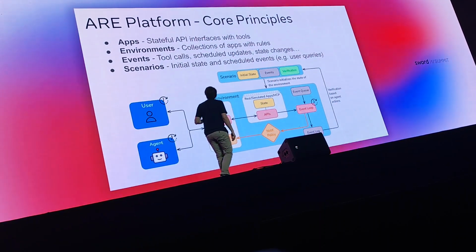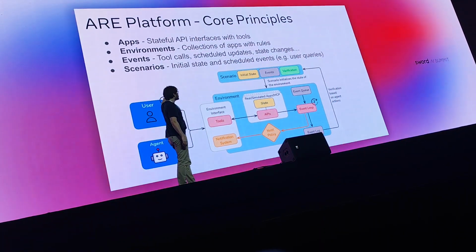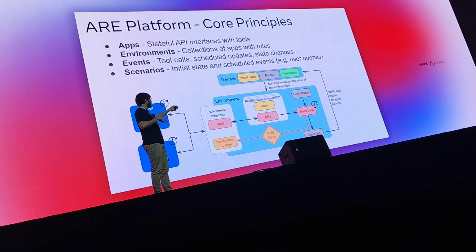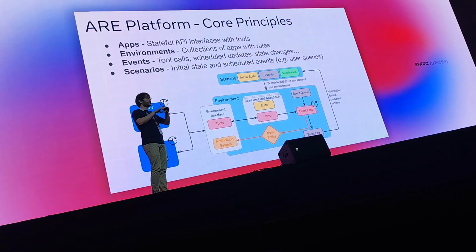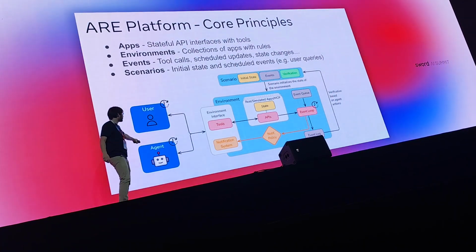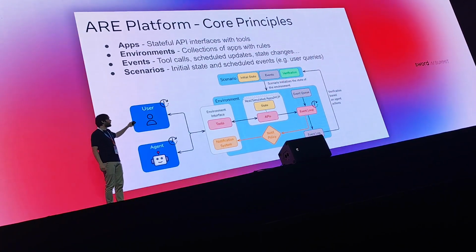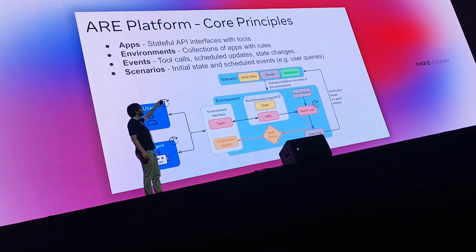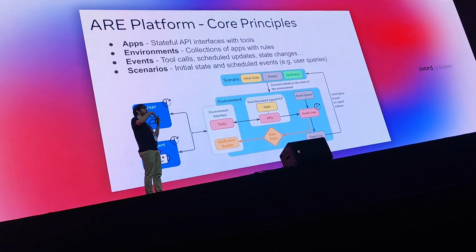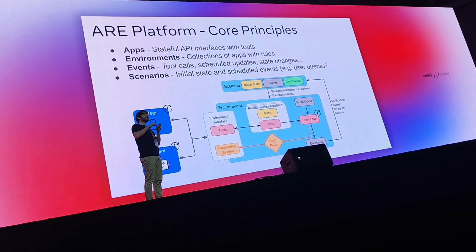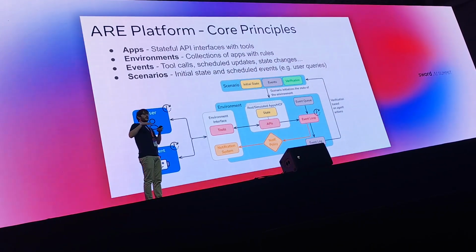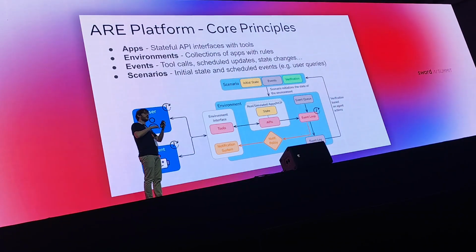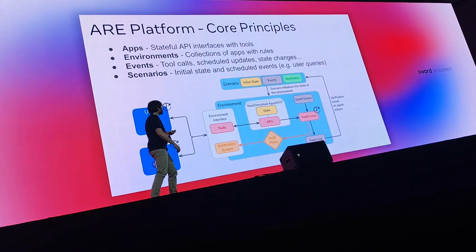We also have this notion of events. In an environment built with this platform, everything is an event: a tool call by the agent or also by the user, but also a change of the environment that can be triggered or scheduled. For instance, you may want the user to receive an email at a certain point in time, or with respect to a certain condition.